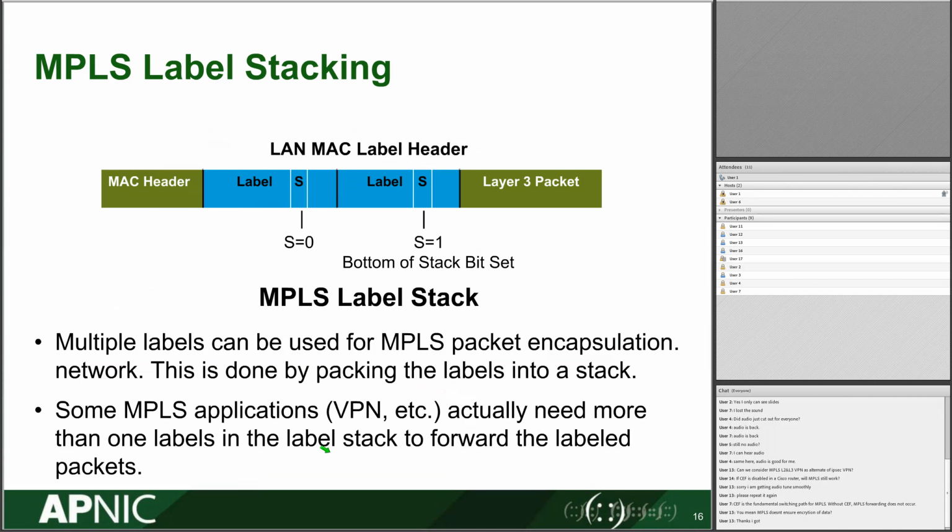So label stacking. As I said, you can add multiple layers of labels. How come? You can see for the MPLS layer 3 VPN, okay, I will draw it here. We have one label, the VPN label.